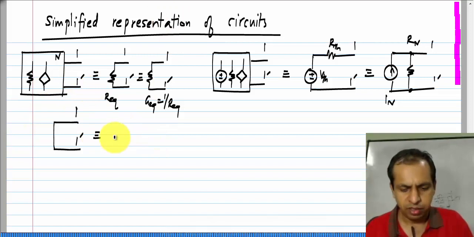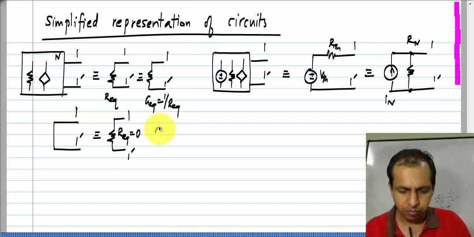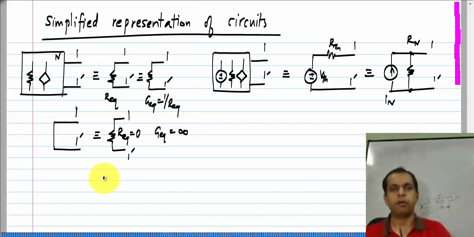Then this can be legitimately represented by an equivalent resistance, which is 0. On the other hand, if you calculate the equivalent conductance, it will be infinity. Now, infinity is not a useful quantity in the sense that you cannot make usual calculations that you do with finite numbers when you have infinities. 0 is okay, but infinity is not fine.